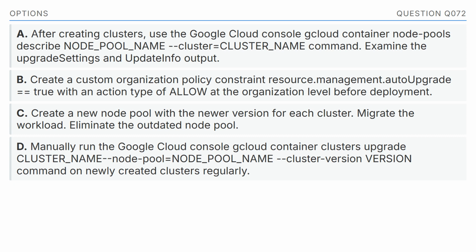Option C, create a new node pool with the newer version for each cluster. Migrate the workload. Eliminate the outdated node pool. Option D, manually run the Google Cloud Console Cloud Container Clusters upgrade cluster_name node pool equals node_pool_name cluster version command on newly created clusters regularly.